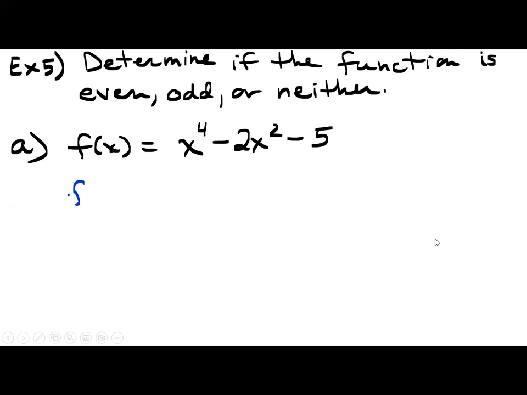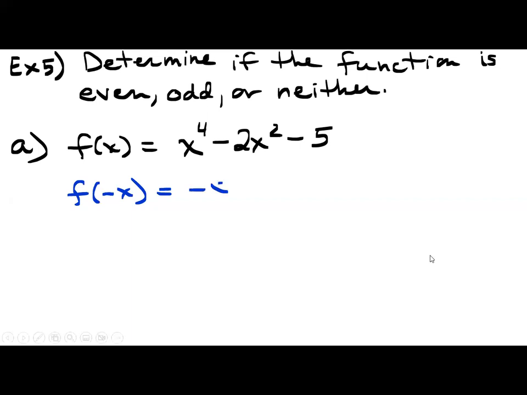All right, here's what we're going to do. We're just going to plug in a negative for the x, and we'll find out one of three possibilities. One is it's going to give us the exact same function back again, and if it does, it's an even function. If it's the exact opposite of the function that we started with, it's an odd function. And if it does neither of those, it's neither, so we have no symmetry.